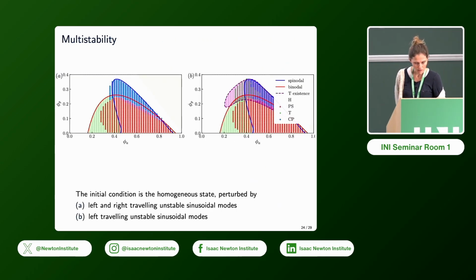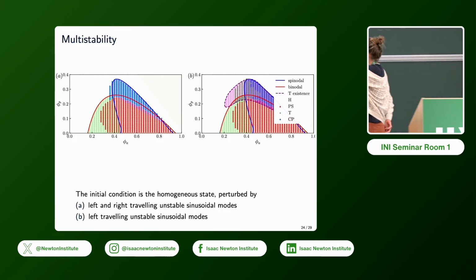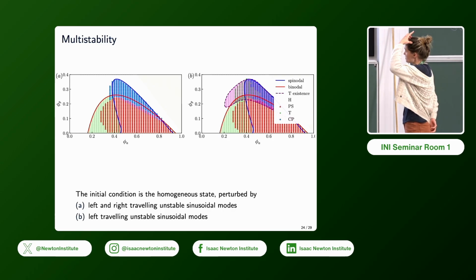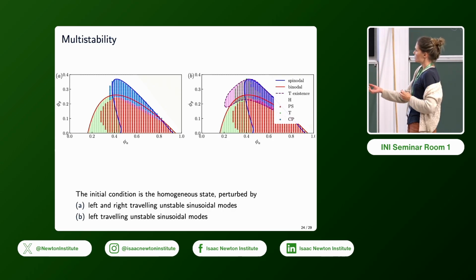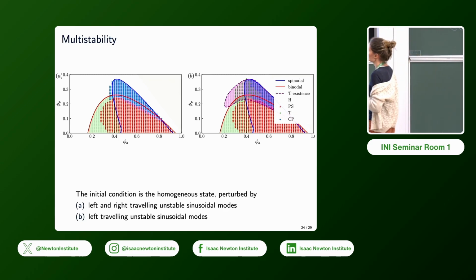And just to show as well, we were then investigating the multi-stability of this system. In particular, looking at what sort of solutions we observe depending on the initial perturbations.